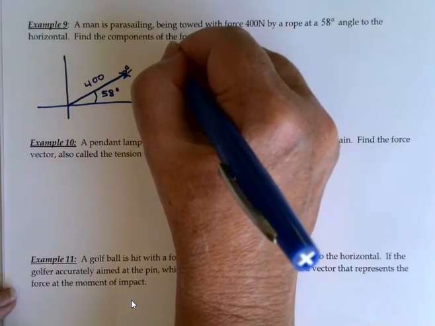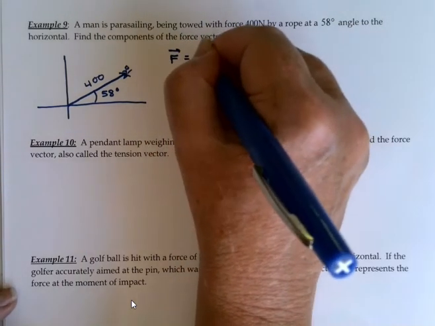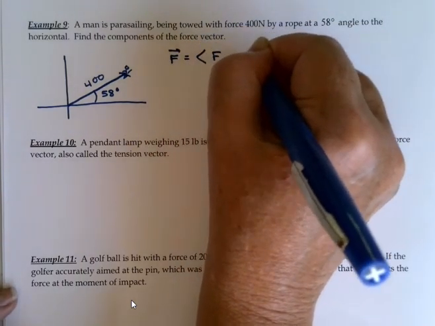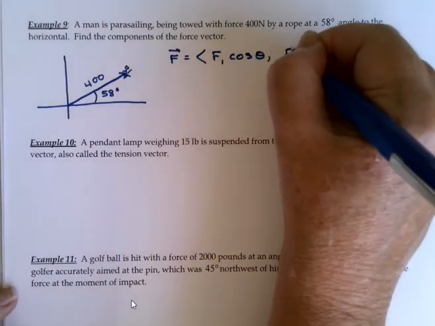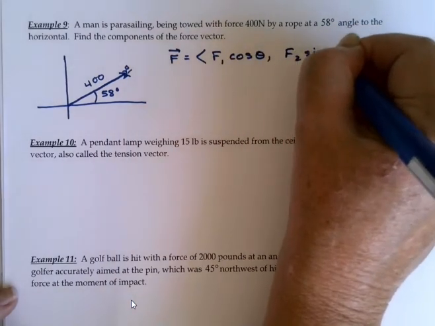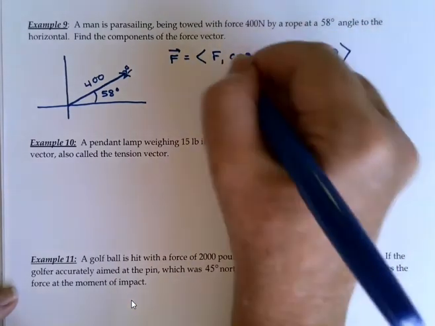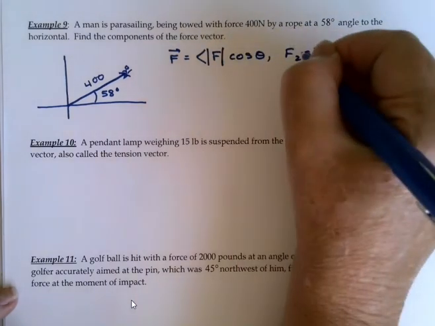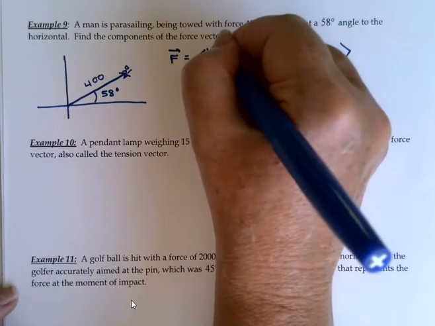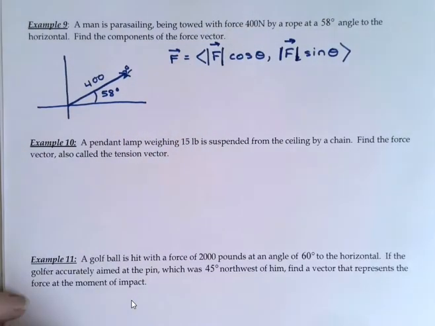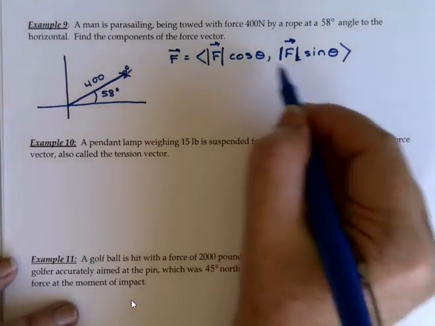So I'm just going to use F1 cosine theta and F2 sine theta to get... sorry, I keep doing that. The magnitude of F is what I want here. Magnitude of F cos theta and the magnitude of F sine theta to get F1 and F2.